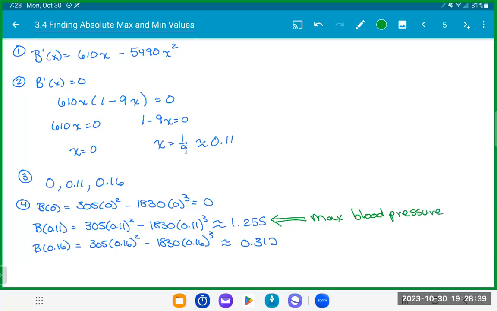It is 1.26, with a dose of approximately 0.11 cc's of the drug. Okay. Question.